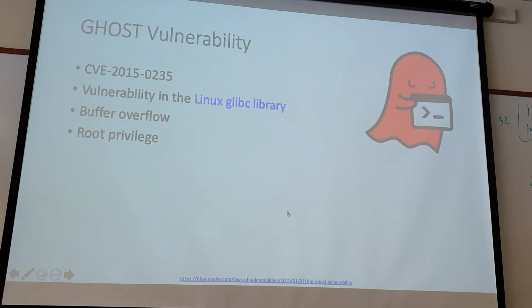The final example of a code pointer problem is the Ghost vulnerability. It was four years ago. It was a vulnerability in the Linux glibc library, the standard C library, and it has a buffer overflow vulnerability. Attackers can get root privilege through this Ghost vulnerability.